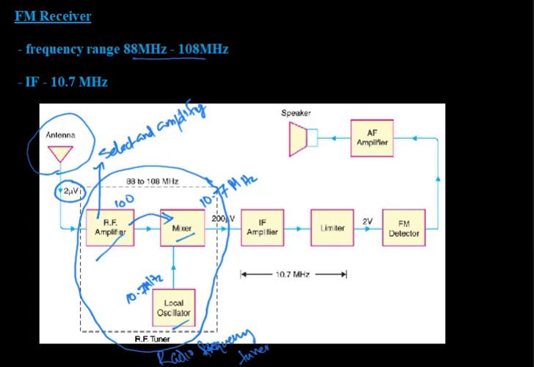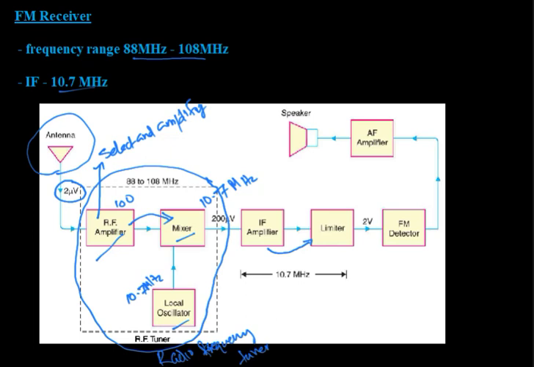Then the signal from the RF tuner is given to the IF amplifier, because the output of the RF tuner is a signal with intermediate frequency, and in the case of FM the intermediate frequency is 10.7 megahertz. The IF amplifier amplifies it and gives it to the limiter circuit.